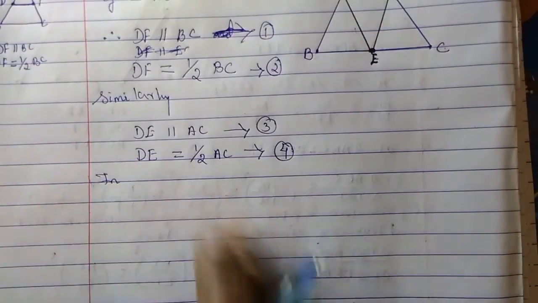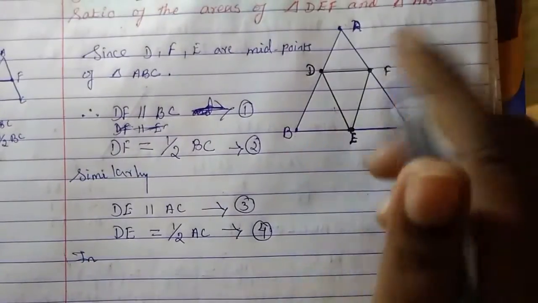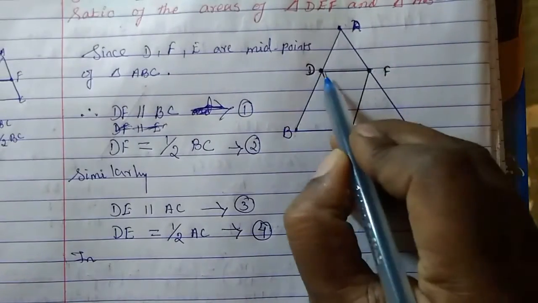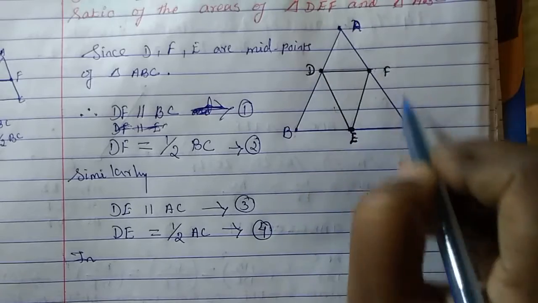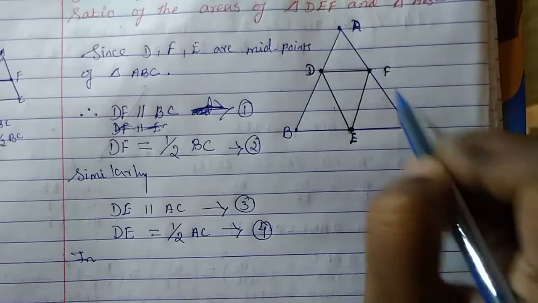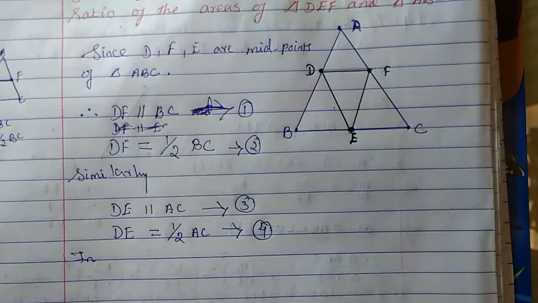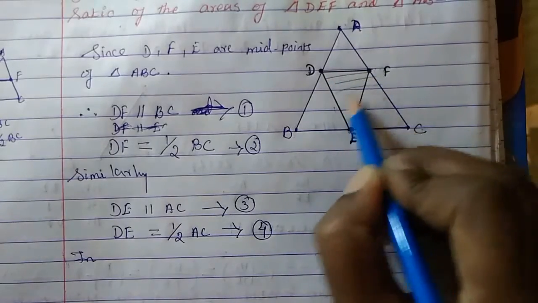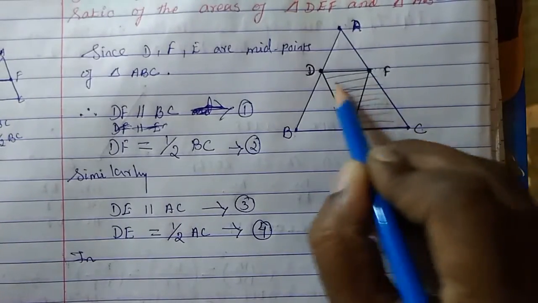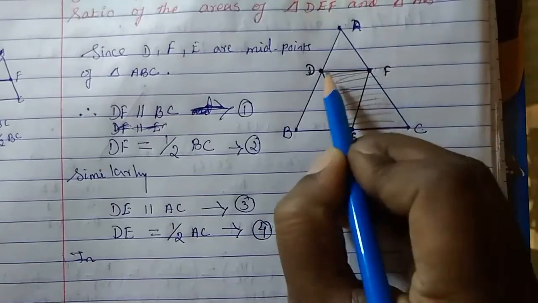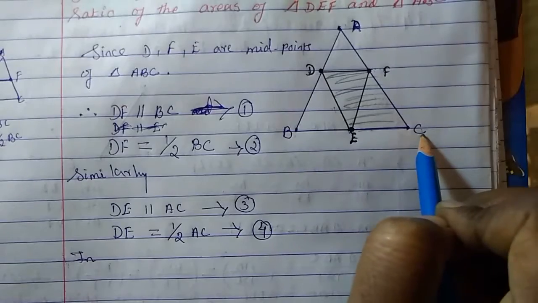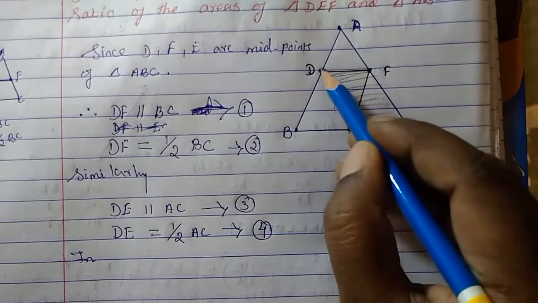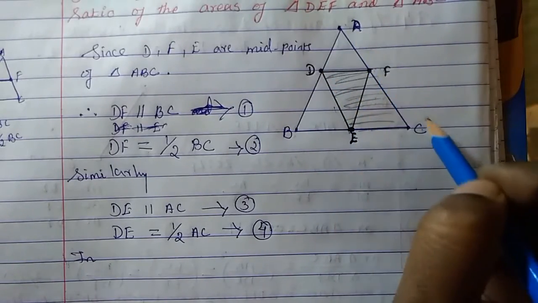So let's take the parallelogram DECF, this whole thing. You look at it now. We just now proved that DF is parallel to BC, and also that DE is parallel to AC.